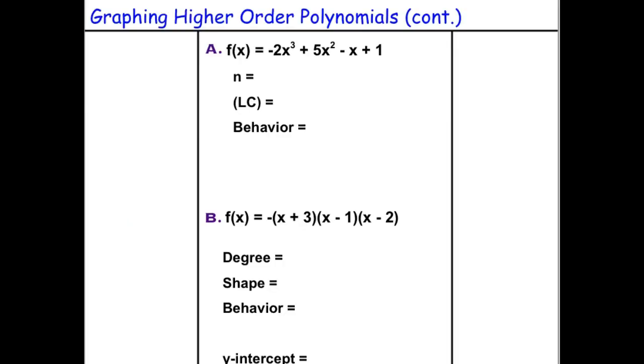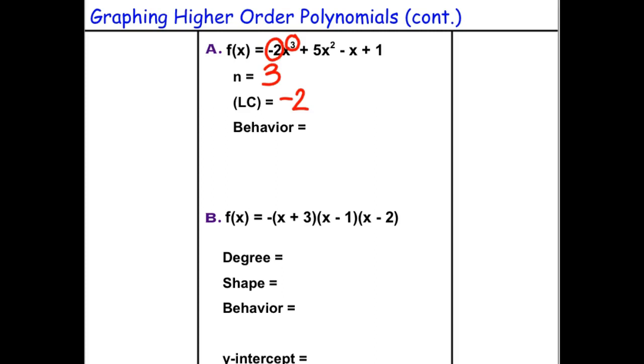So what we want to start off doing is looking at some of the movements of some of these equations. So we will get into graphing specifically standard form tomorrow. But to start off, we look and it says n. N is going to be, in this case, 3 because the leading coefficient power is 3. The leading coefficient is negative 2 because that's what's leading out front. So that means it's negative, it's sad.